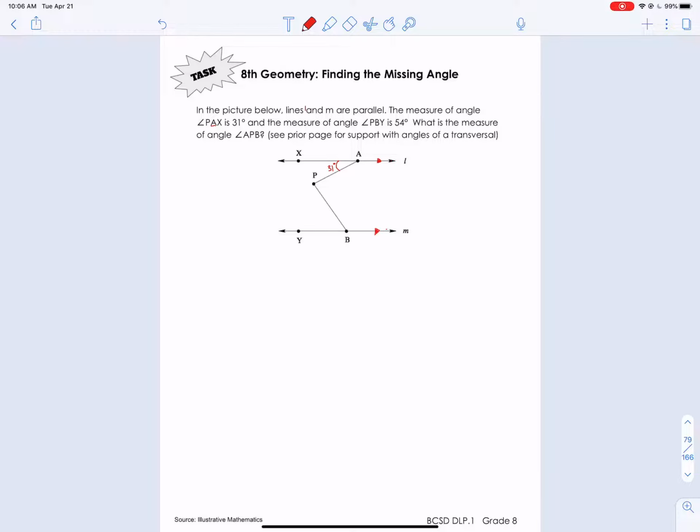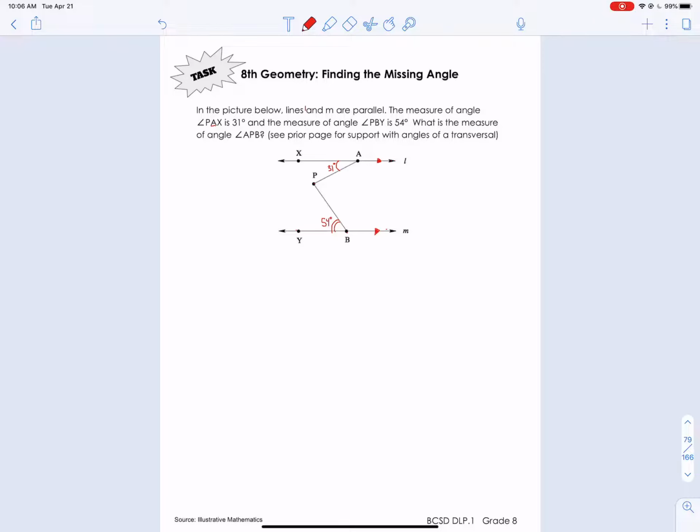And the measurement of PBY, so that's this one. I'm going to use two arcs because it's a different measurement. Okay, if there's two angles that have the same number of arcs, it means the measurements are the same. So those are not the same. So we're going to show them with two different numbers of arcs.